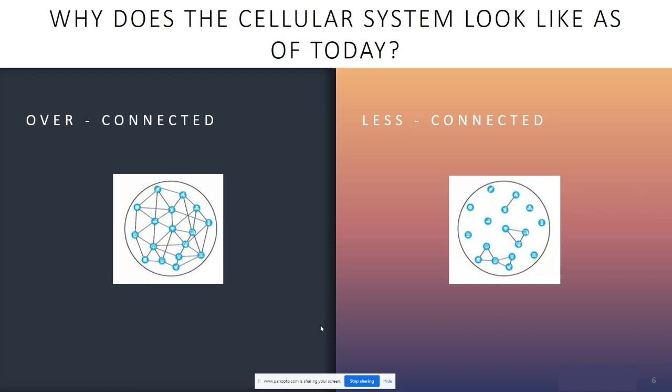From a radio resource management perspective, by having the optimal connectivity density, we could maximize the capacity. That means we can control node density, in particular the transmission node density.